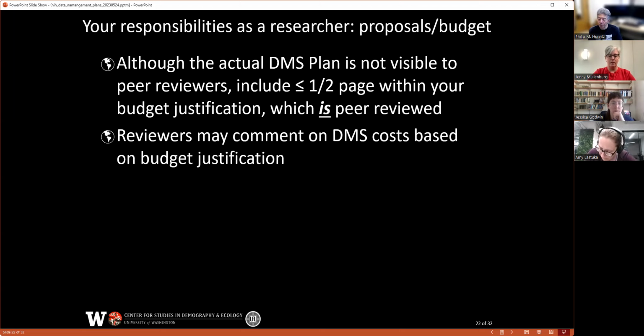So if you're asking for additional money to cover data management and sharing plans, then you need to include that in your budget justification, and that part is peer reviewed. The reviewers may comment on that part of your budget justification, even though they don't know all of the details about your plan itself. So just be aware that that is part of the peer review process.